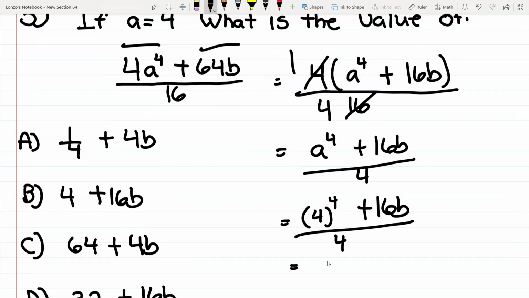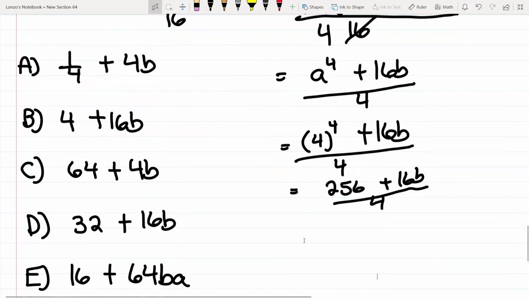So 4 to the fourth is 256, plus 16B, all over 4. And then the last thing you can do is divide each term by 4. So 256 divided by 4 is 64. 16 over 4 is 4B.